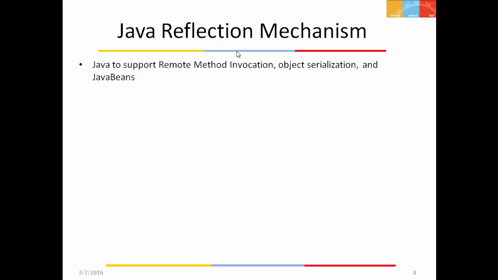Not just that, even at the client level, when you are modeling a data value, that data value was implemented as a simple Java Bean. A simple Java Bean basically has a set of properties.